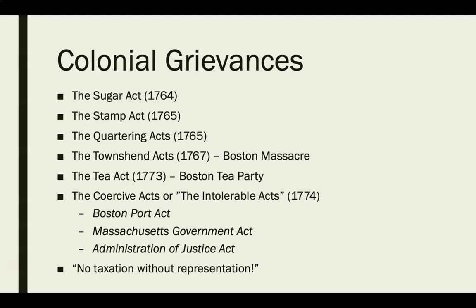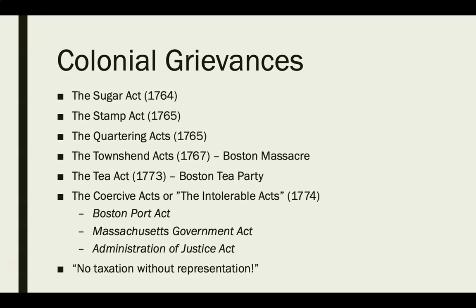So American colonists were paying about double the amount for tea that they had been. And so this led to the Boston Tea Party, where a bunch of Bostonians dumped 300 crates of tea into the Boston Harbor as kind of a jab at Parliament for this act.